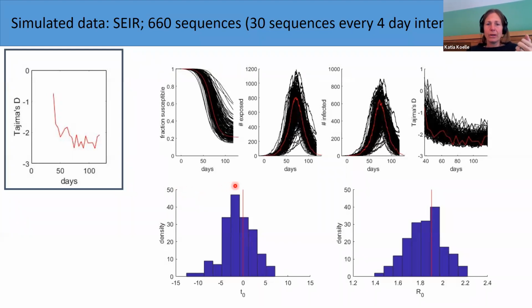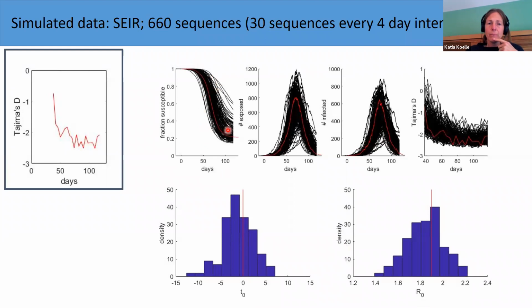You can see here the posterior distributions for T0 and for R naught, with the true values shown in red. We have an informative prior on T0, but a uniform prior on R naught. And so we can recover this epidemiological parameter of interest pretty well.